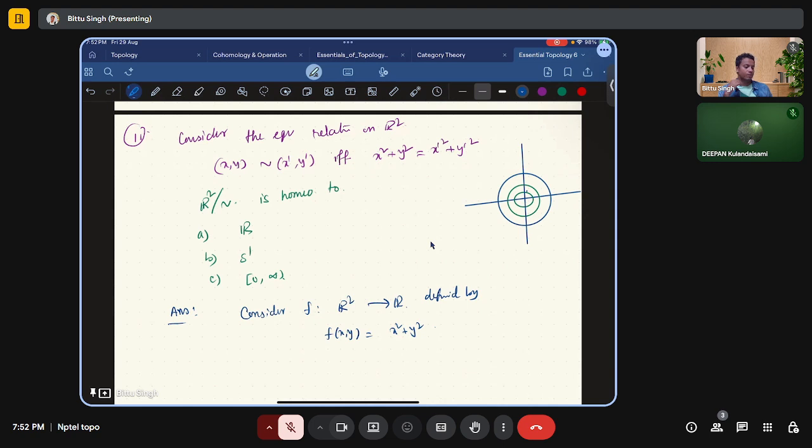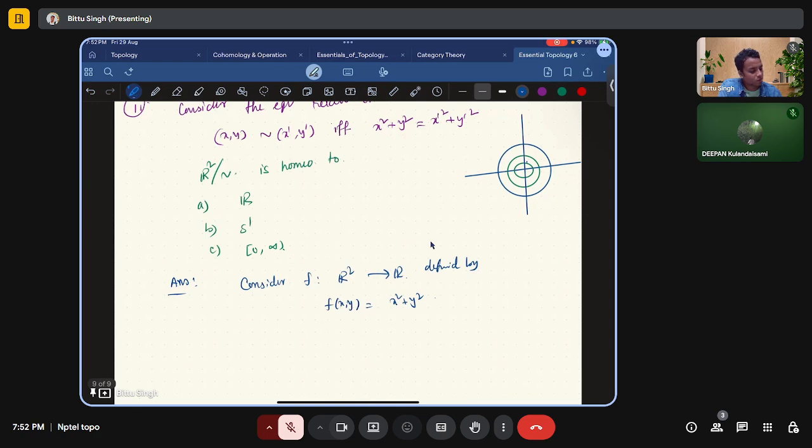Now we note that this is a continuous map. A polynomial map is always continuous. Consider another continuous map, J or I, whatever you say, from the closed interval [0, infinity) to R defined by J(x) equal to root x. So those two are well defined and continuous.